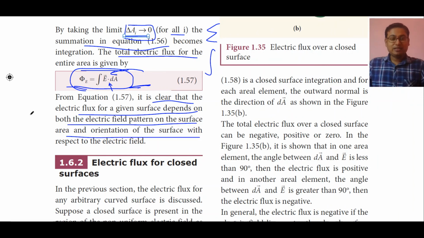That means it depends on how many electric field lines pass through the given region, what the area of the region is, and what the angle is between the normal to the area and the electric field line. So electric flux depends on these three terms. This is the complete analysis of finding electric flux when the electric field is non-uniform and the surface area is curved, not a flat region.